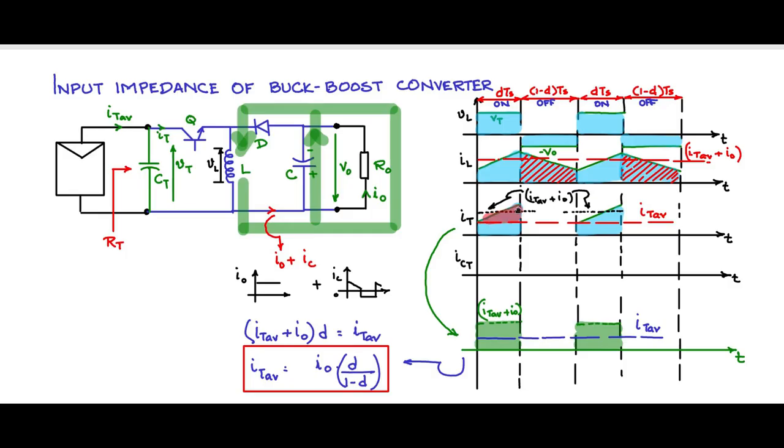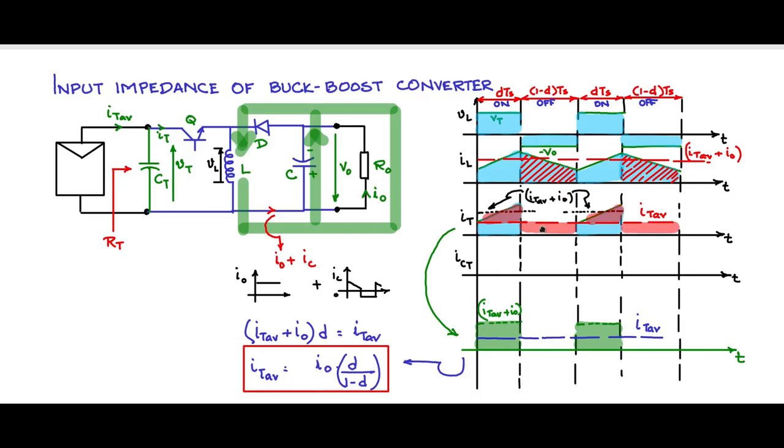The portion above the IT average line is the charging component, and the portion below is the discharging component, and so on. It repeats cycle by cycle.